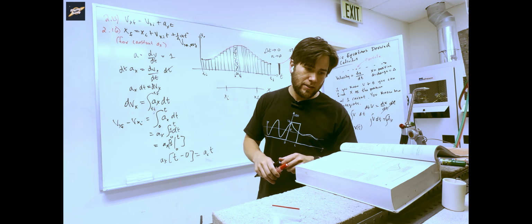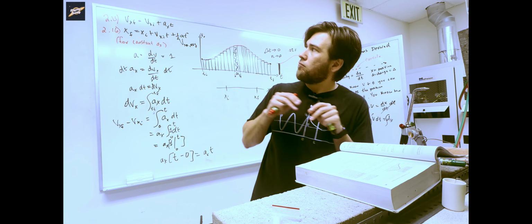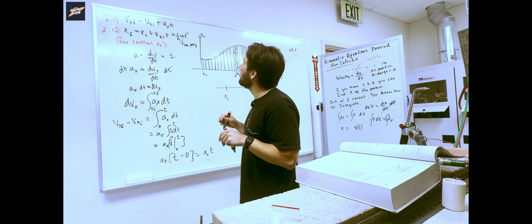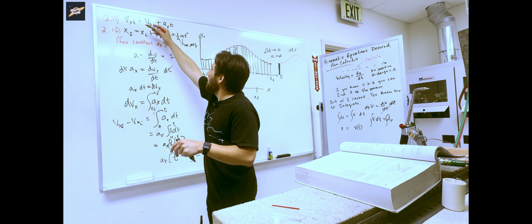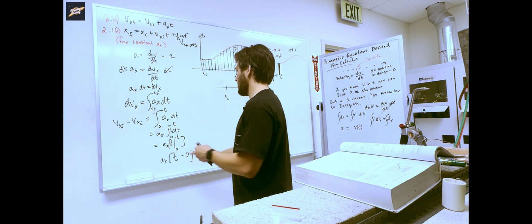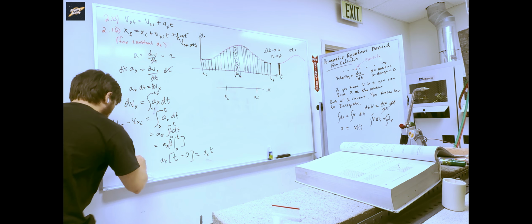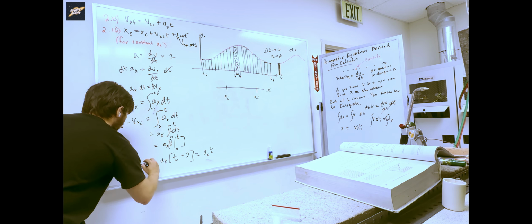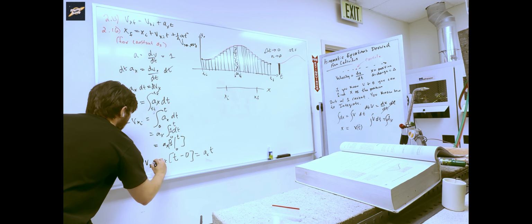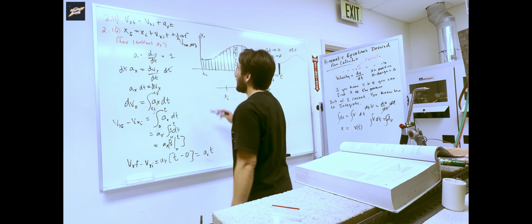They're basically saying this is equation 2.13, right? So it's here. Let's write Vx of f minus Vx of i equals a x t.